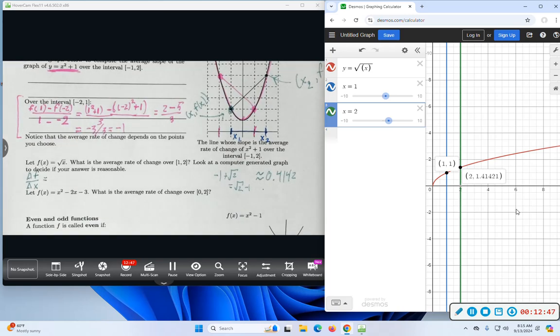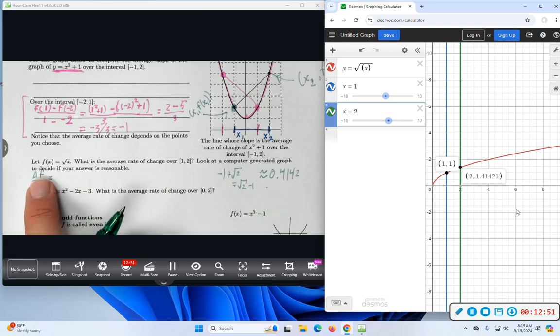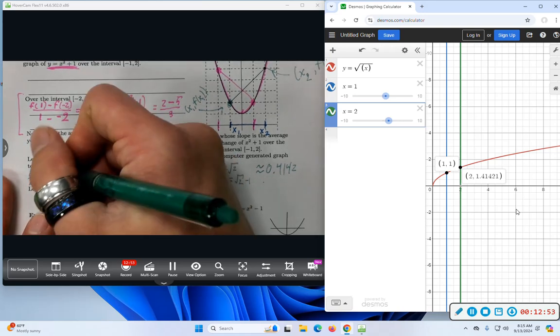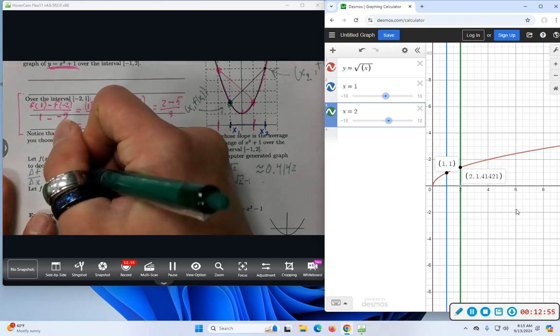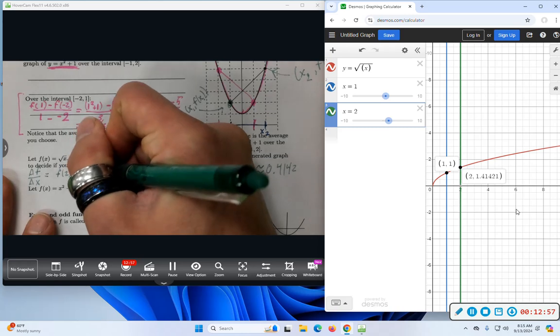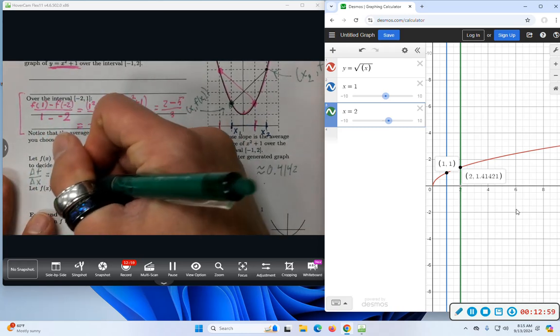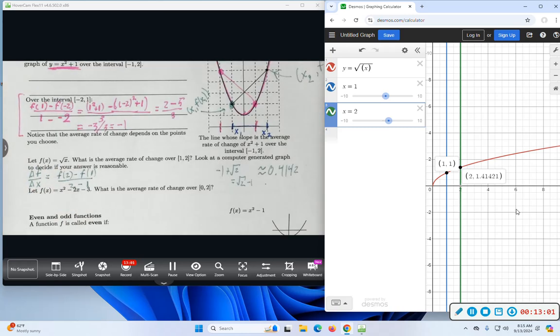So how do you compute each one of those? You start by plugging those two inputs into the function. So this will be f of 2 minus f of 1 all over 2 minus 1. And notice f of 2 definitely does not mean f multiplied by 2.